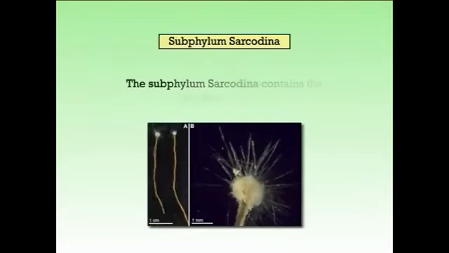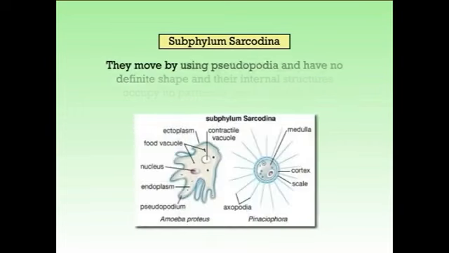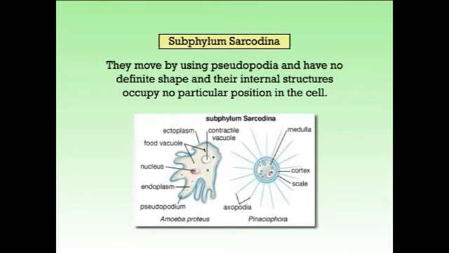Next, the subphylum Sarcodina contains the amoeboid protozoa. These Sarcodina move by using pseudopodia and have no definite shape, and their internal structures occupy no particular position in the cell.